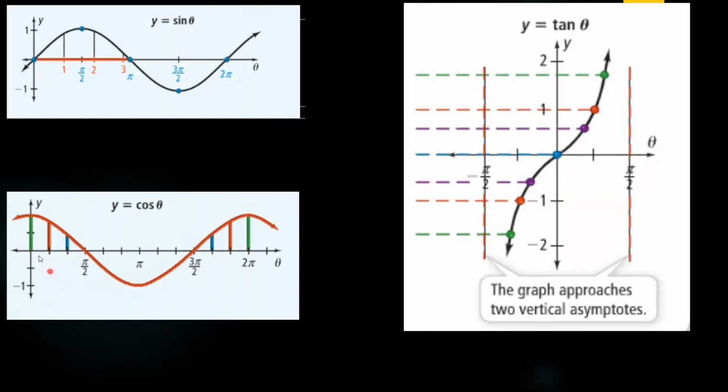So if you want now to take the domain as half a cycle, you will start from 0 up to pi. So the domain here is from 0 to pi, and 0 and pi are included.